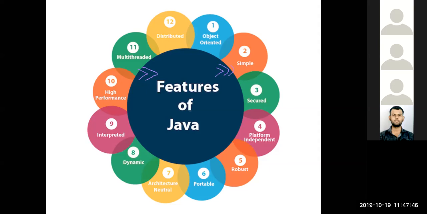So that is architecture neutral. These three points are only one, that is platform independent. Basically, platform independent means portable and architecture neutral.